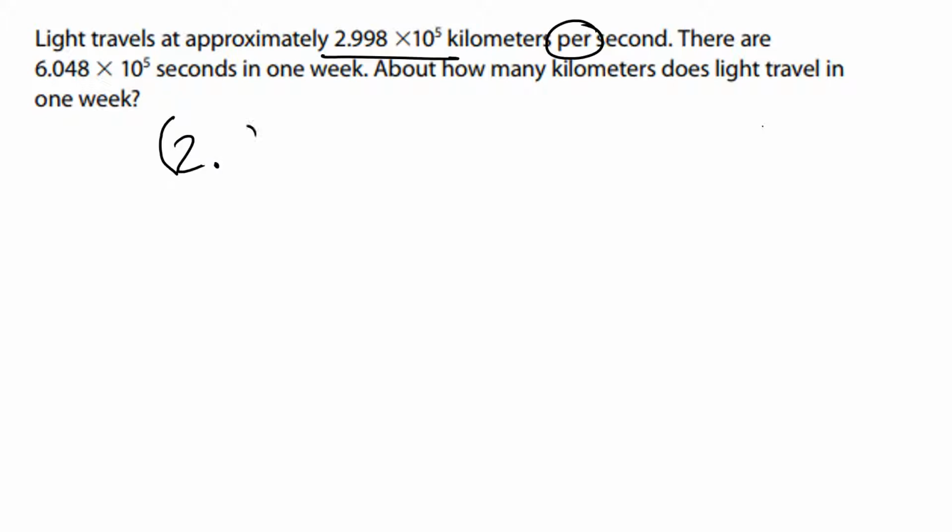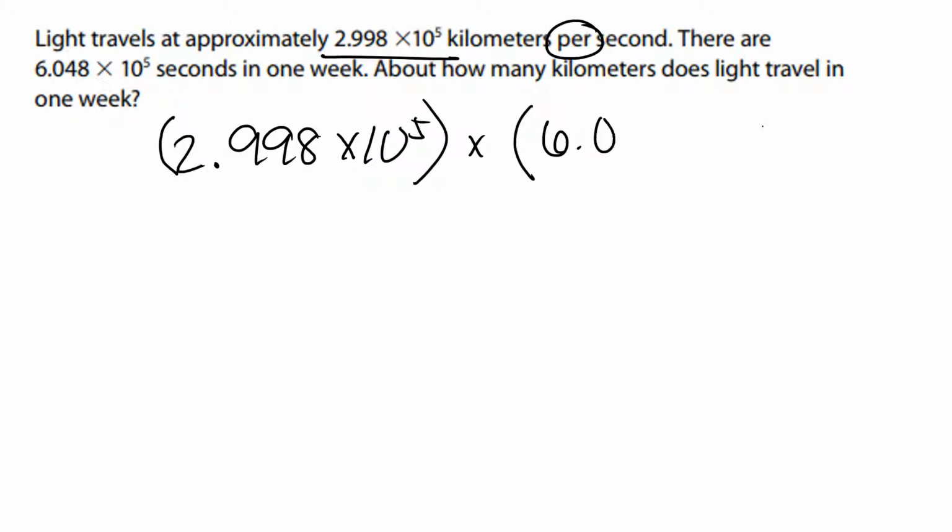Starting with the first one, 2.998 times 10 to the 5th. We write that in parentheses. Times the second number, 6.048 times 10 to the 5th. Again, writing that in parentheses. And then we type the entire problem in on the calculator exactly as it is written, with all parentheses and all numbers.